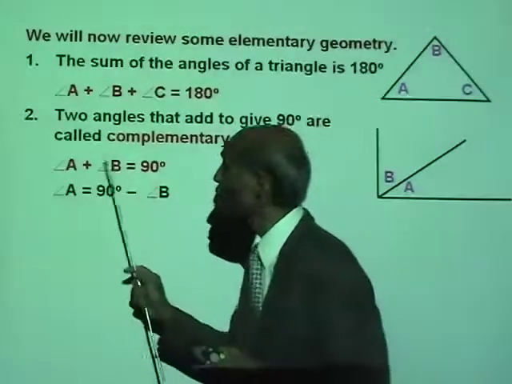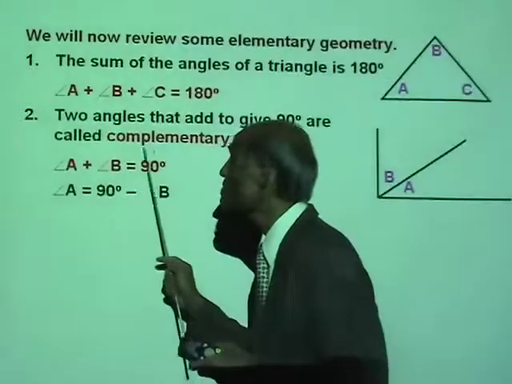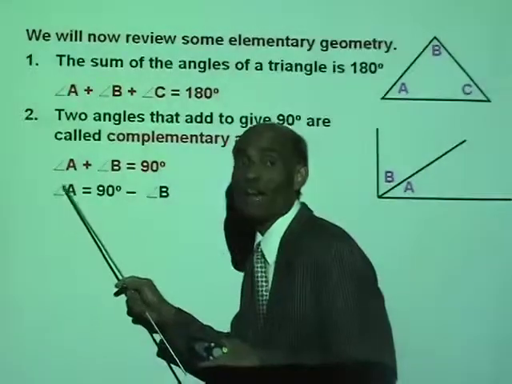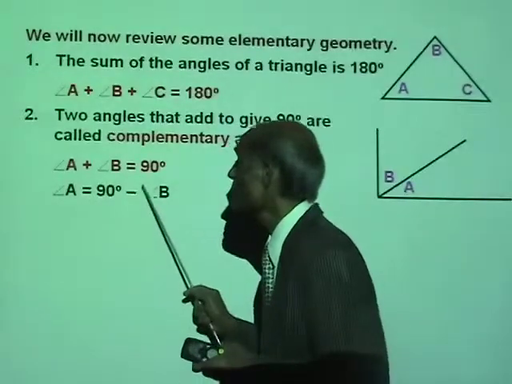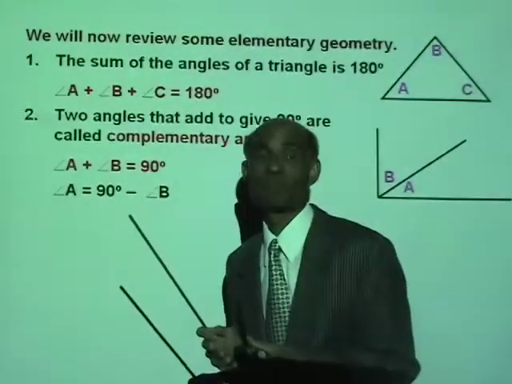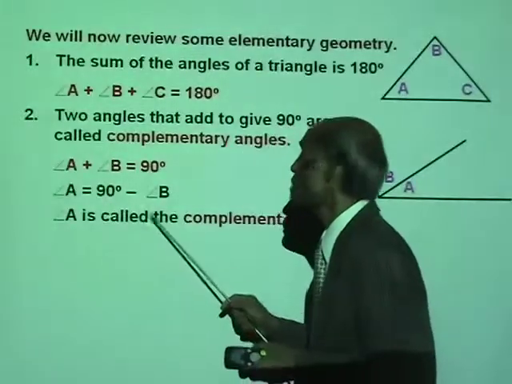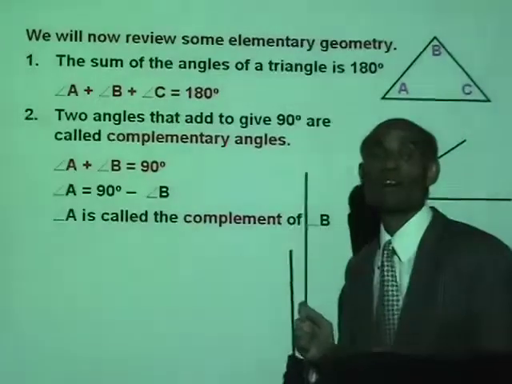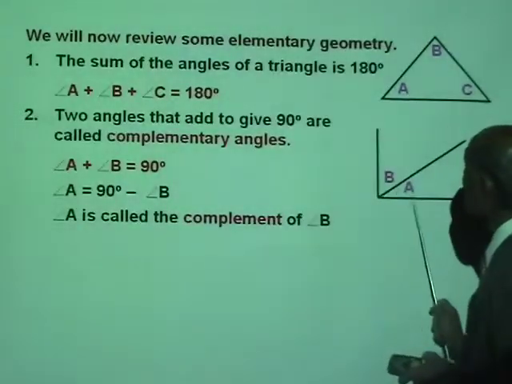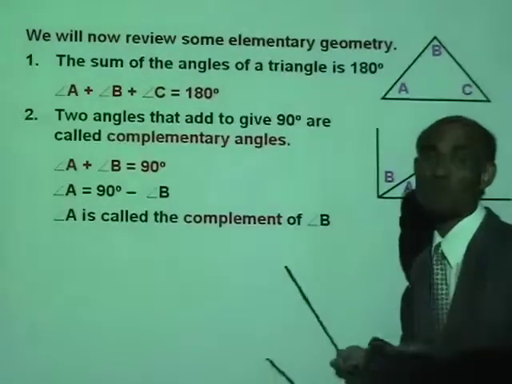Now, if I want to solve for A, I will take the measure of B to the right side. Look at this. Angle A equal to 90 degrees minus B. And now, angle A is called the complement of angle B.